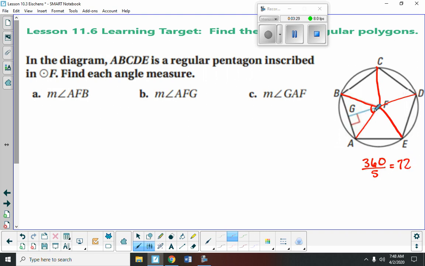So this angle right here is 72. The measure of angle AFB is what they're asking us for first. That would be 72 degrees.